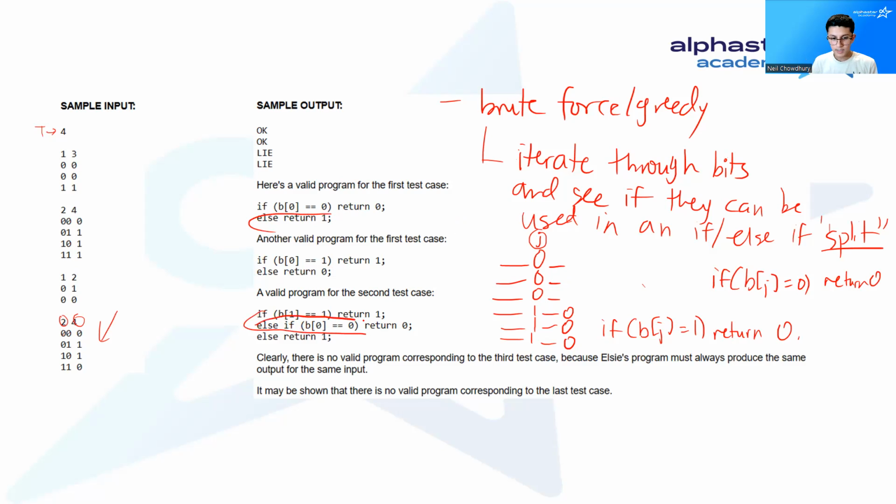So what that means is that for an else if statement, like within nested statements, we can basically ignore the strings that have been split away, or that have already been returned.